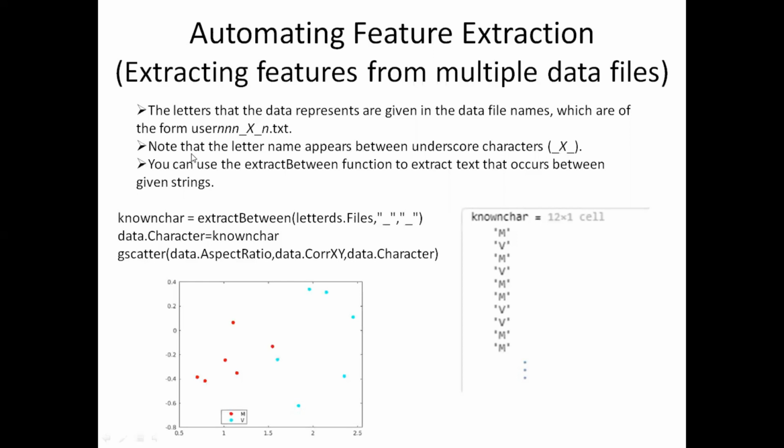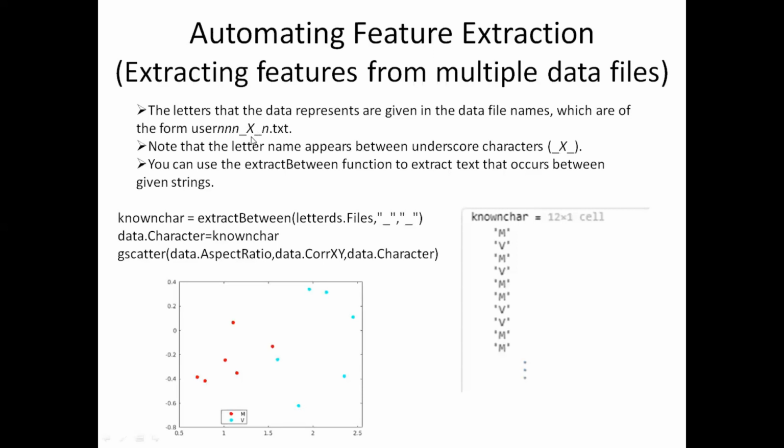For example, if you see our files here, the file names we have used are of this particular format: user, followed by a 3-digit user number, underscore, followed by the alphabet for which the data is stored, underscore, then again followed by the sample number. This X indicates the alphabet for which there is data in that particular file.